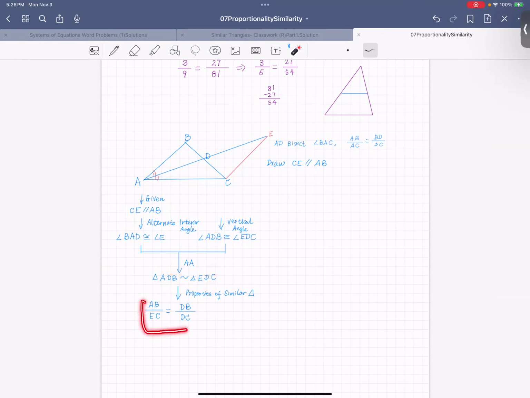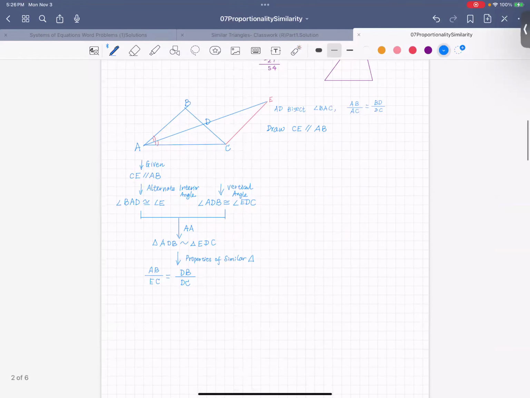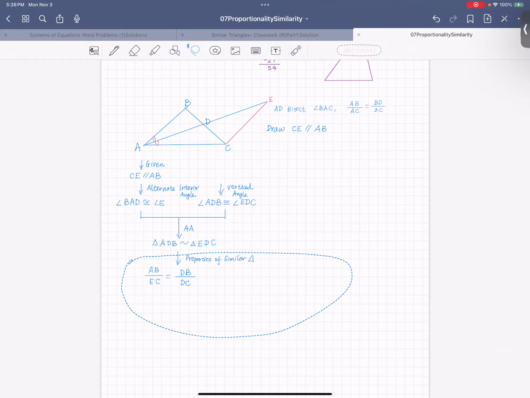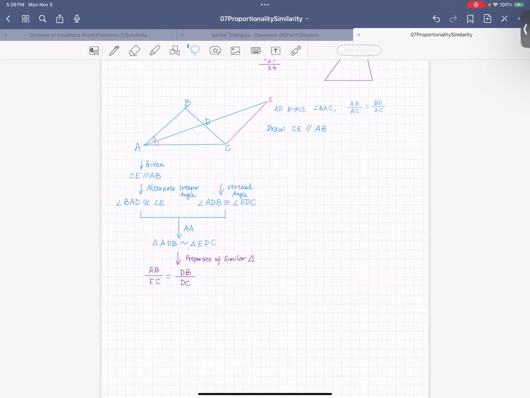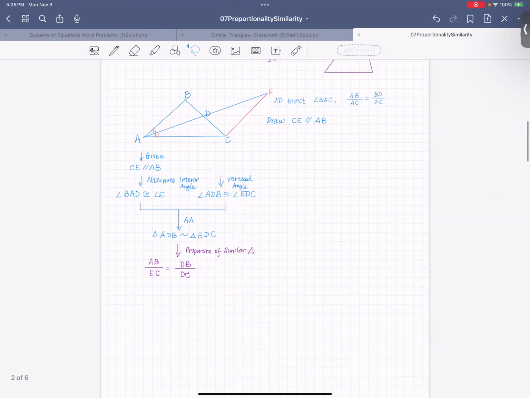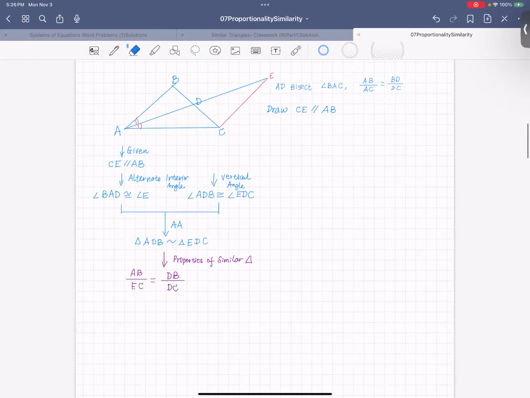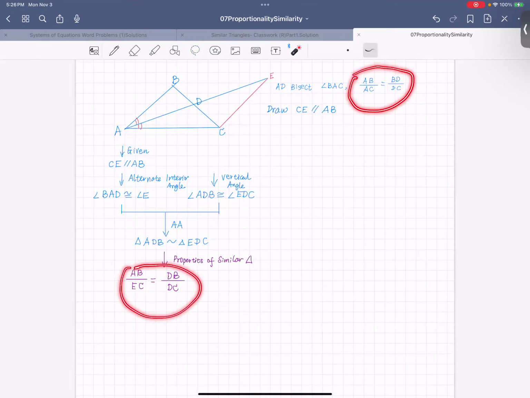So you got here, and this is, of course, because of the property of similar triangles. I'm going to change this to purple color so that I show you we are using 3 pieces to make this whole puzzle.